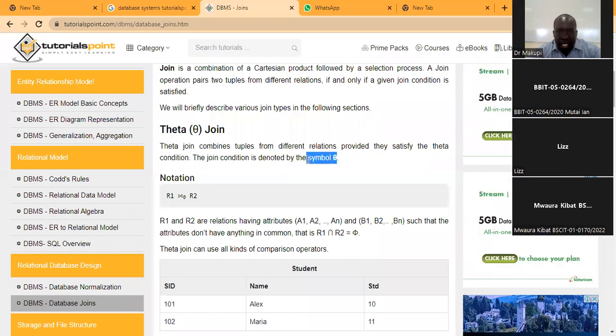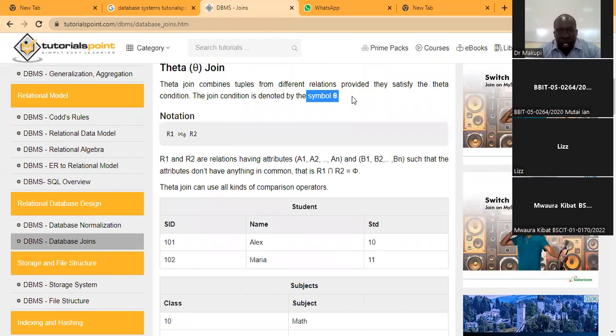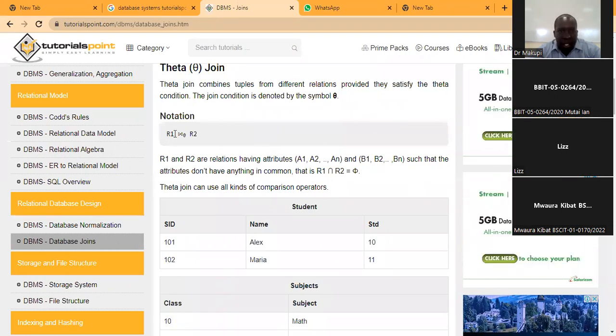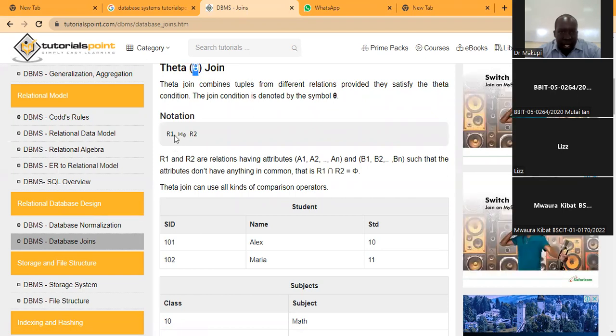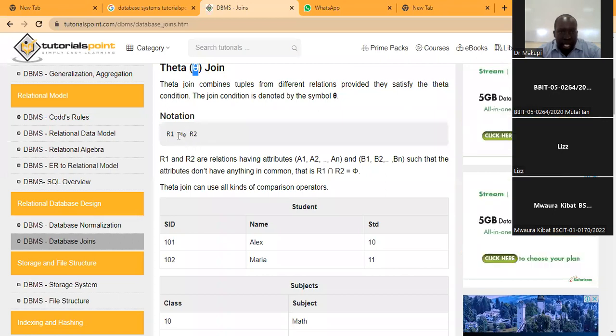I hope you can see this symbol that denotes the theta join. Now, this is a notation. For example, I have relation 1 and relation 2. To represent a join, remember I said a theta join is this. Once you see this particular sign, it means a theta join. So when you want to talk about a join, you use this diagram. I hope you have seen this notation.